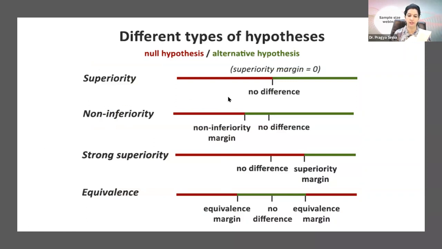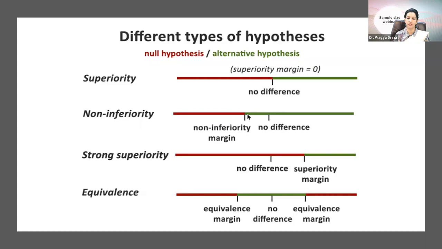So for non-inferiority, say this line is of no difference. If you are taking a relative risk, it will be 1 when there is no difference. And if it is a proportion, then obviously there will be no difference. So this is the new drug, and this is the existing drug. In this case, we set a margin.